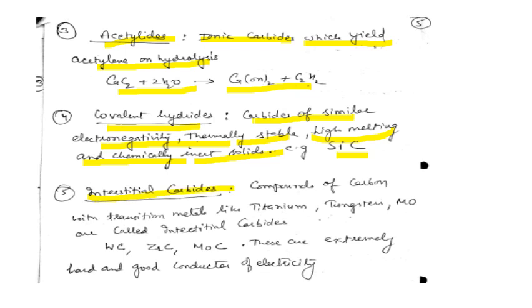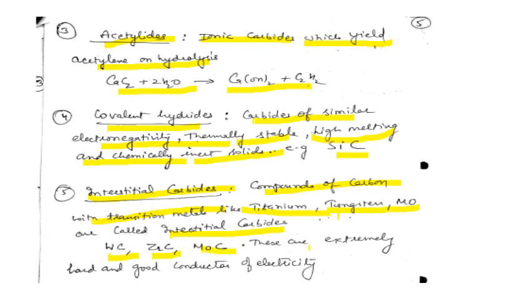The next category is the interstitial carbides, the compounds of carbon with transition metals like titanium, tungsten, and molybdenum. If carbon combines with the transition elements, they form interstitial carbides. Here we have tungsten WC, zirconium ZrC, and molybdenum.